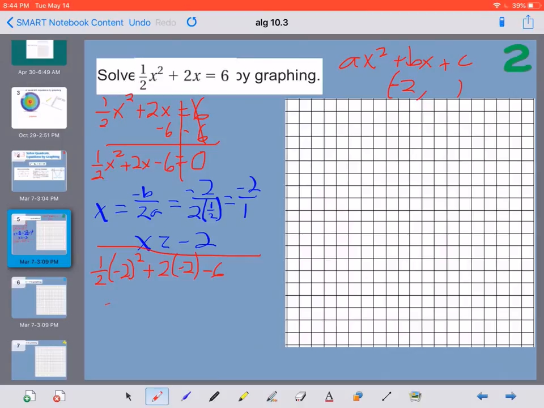Half of 4 is 2. 2 times negative 2 gives us negative 4, minus 6. 2 plus negative 4 is negative 2. Minus 6 is negative 8. So my vertex is going to be negative 2, negative 8.